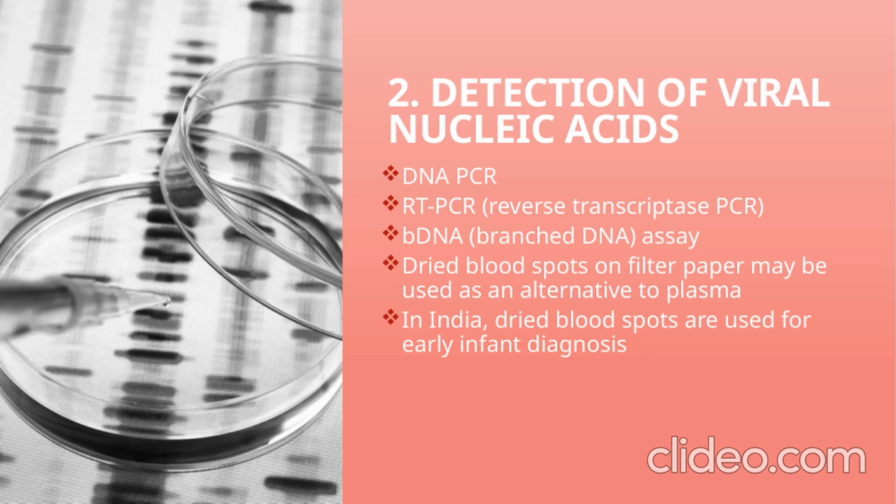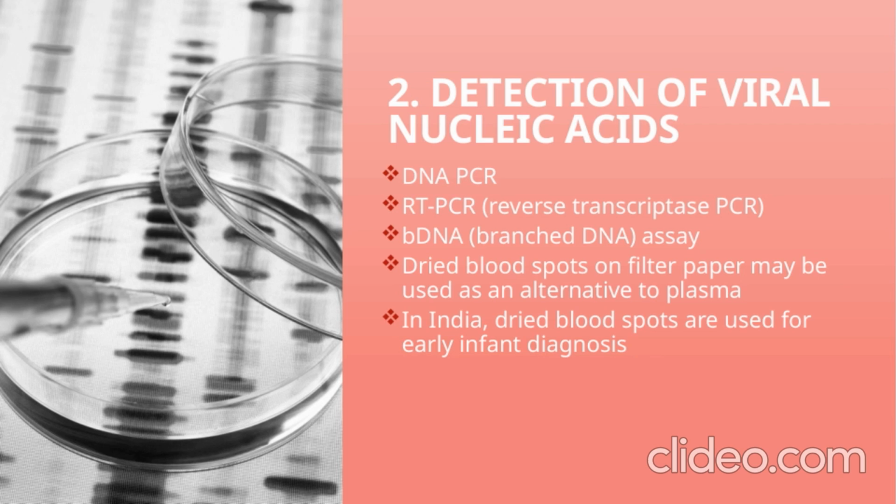An interesting point to note is that dried blood spots on filter paper can be used as an alternative to plasma samples. This is particularly valuable in resource-limited settings because it's easier to collect, store, and transport dried blood spots without the need for cold chain logistics.